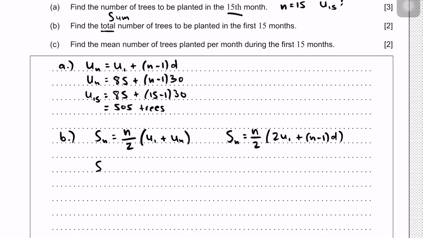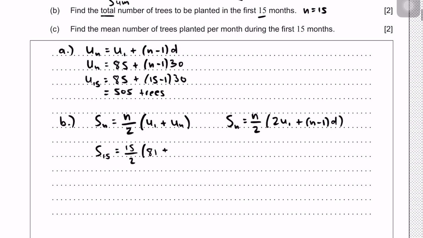So Sn, in this case n is equal to 15, the total of the first 15 terms summed together. It is 15 over 2, u1 was the value of the first term, which is 81, and the value of un, or u15, is equal to 505.